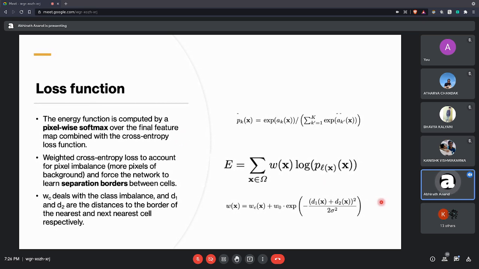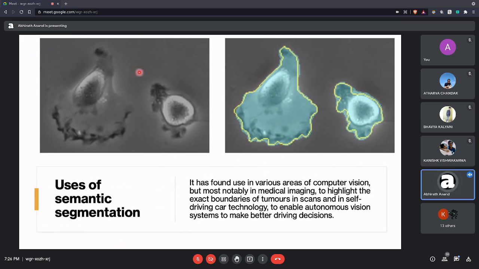One of the things that is new here is weighted cross entropy to account for pixel imbalance. If you look at the original image, which I will find in a second, it's right over here. Yeah, this. This is taken from the U-Net paper. There's a lot of background pixels, right? There is a huge amount of background pixels over here, and in comparison the number of cell pixels is comparatively lower.